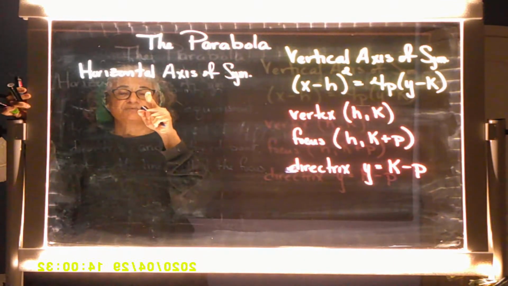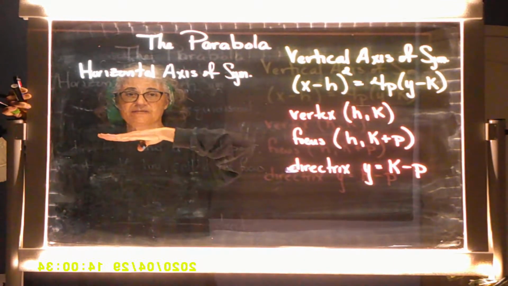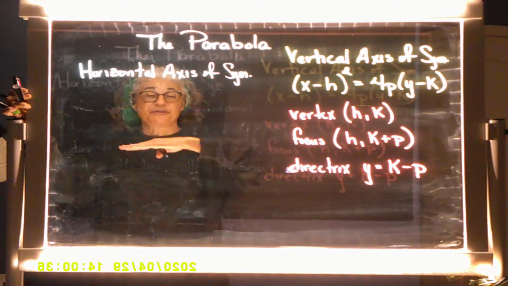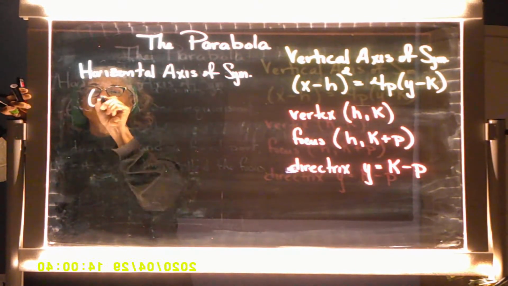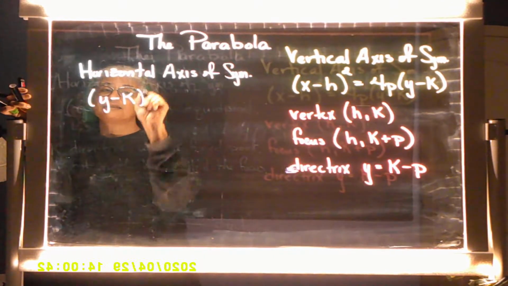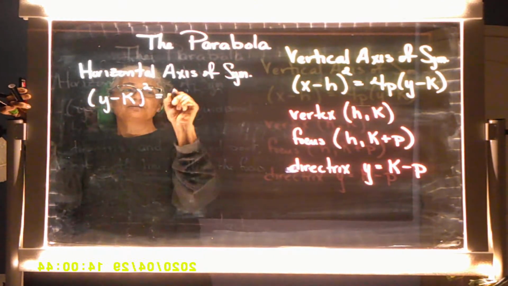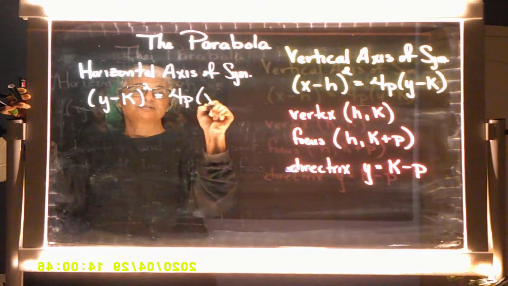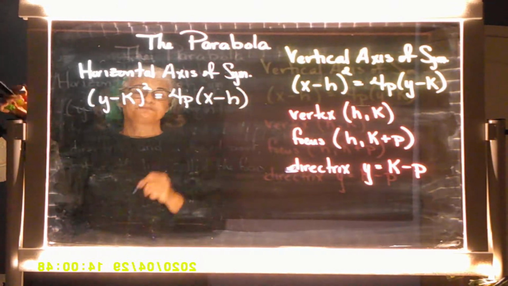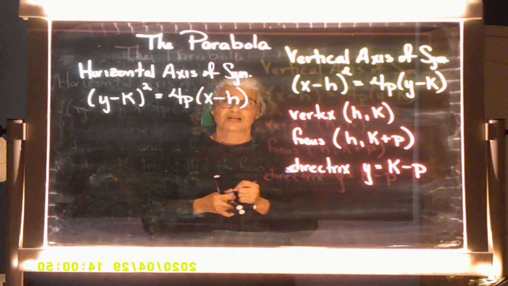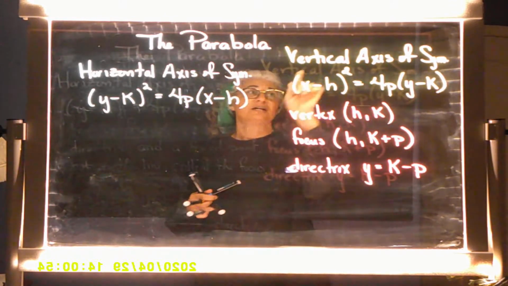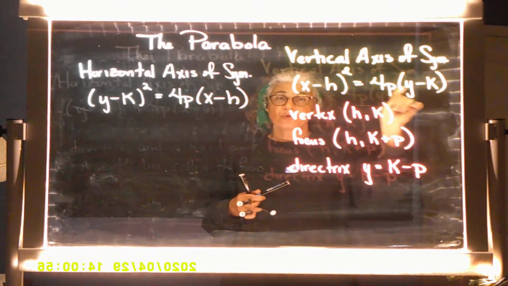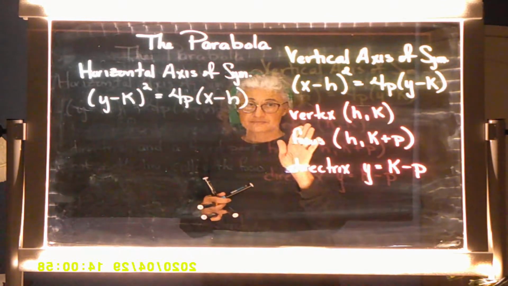Horizontal axis of symmetry is in the direction of the x's. So now I'm talking about the x's, which means the x's will not be squared. So I'll have y minus k squared equals 4p times x minus h. Horizontal refers to x's. X's are not squared. Vertical refers to y's. The y's are not squared. Okay.